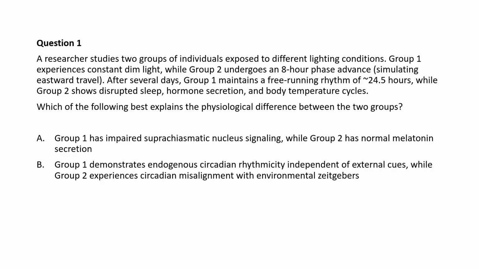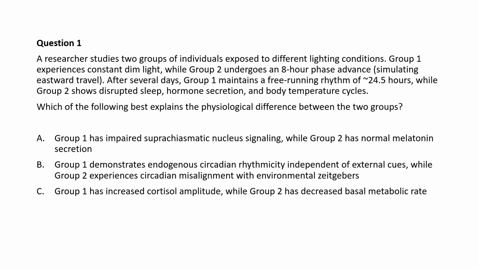Option B is that group one shows endogenous circadian rhythmicity independent of the external cues that it experienced, while group two experiences circadian misalignment, so basically an upset in circadian cycle with environmental zeitgebers. And C is that group one has increased cortisol amplitude, so higher cortisol, while group two has decreased basal metabolic rate, if you guys remember what this means.